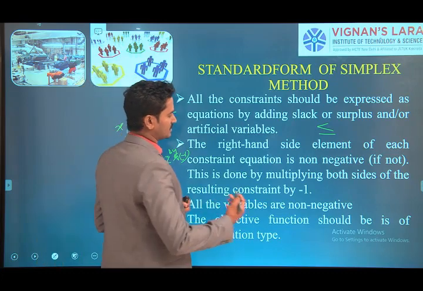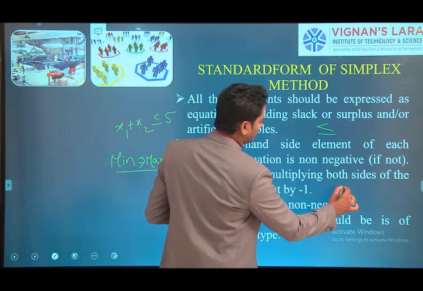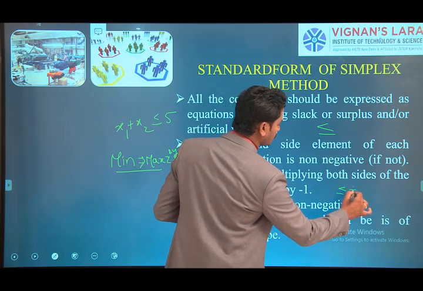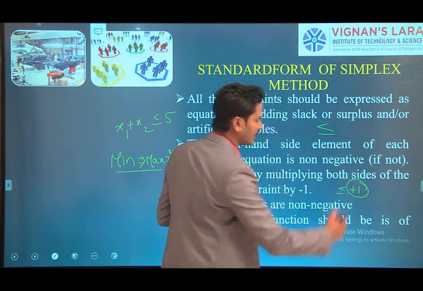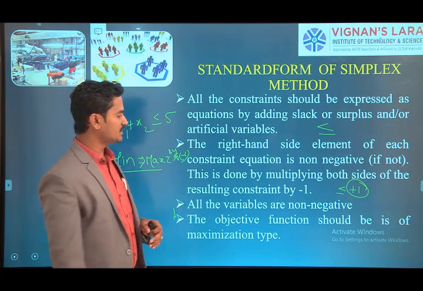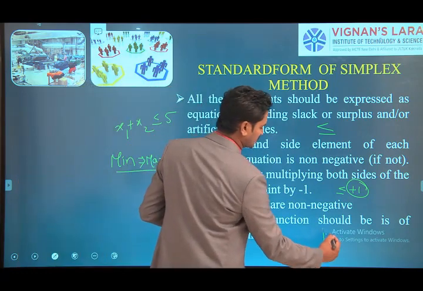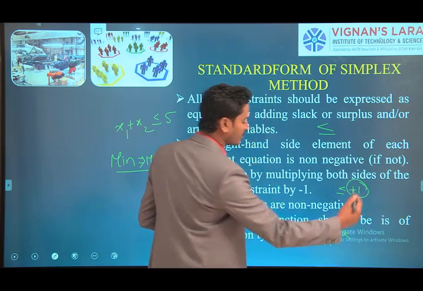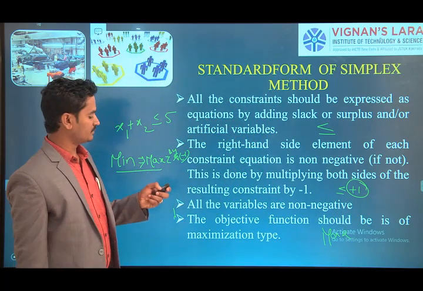Next, all right hand side values must be non-negative. Otherwise, we convert accordingly. Next, the objective function is maximization. These are the standard rules for solving by the simplex method.